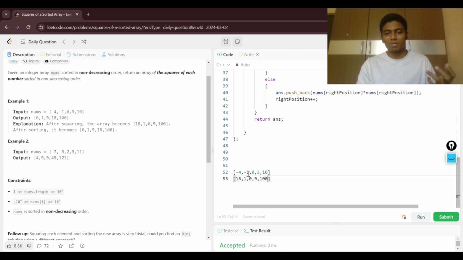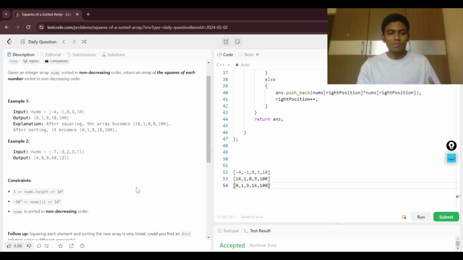So if we square this array, we'll get these numbers. But what they want is increasing order or non-decreasing order, so it is going to be 0, 1, 9, 16, and then 100. So we can do this by taking the array and squaring it, and then at last we sort it in non-decreasing order and return it.